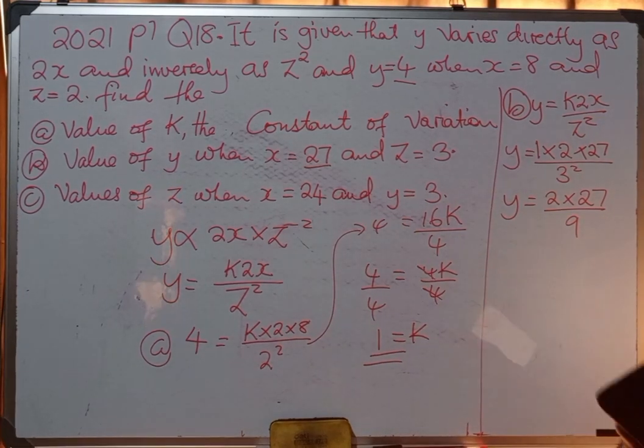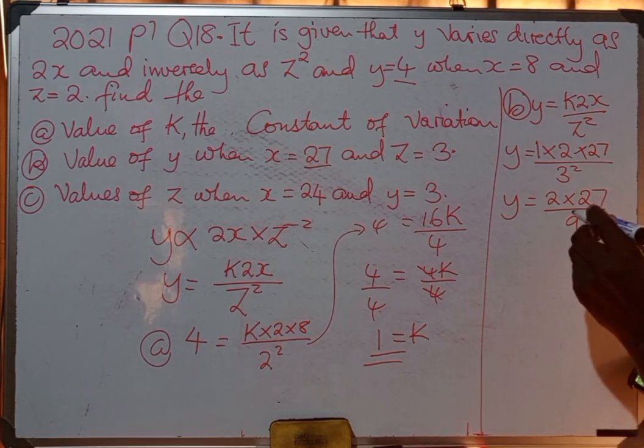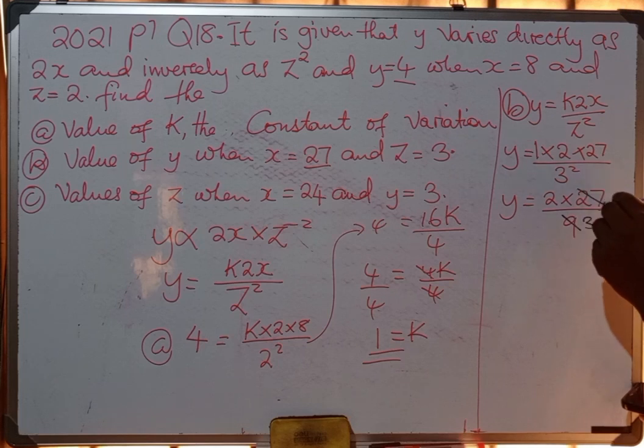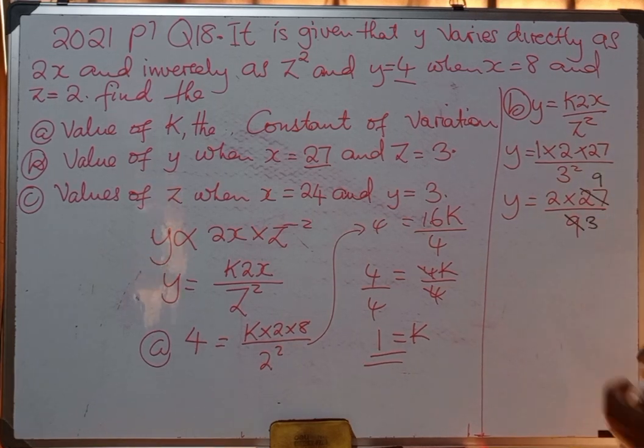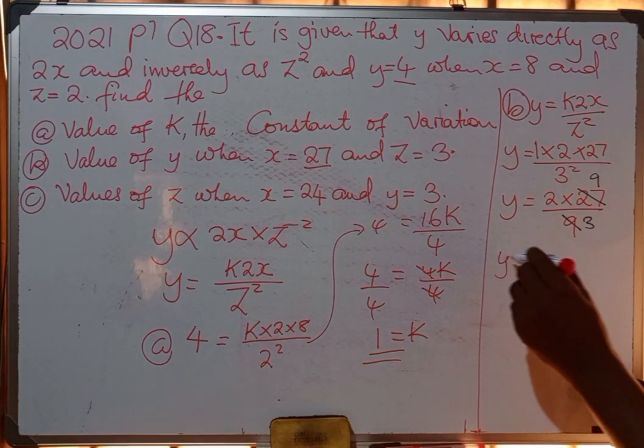Now, 9 and 27 have a common factor, and the common factor is 3. 3 into 9 goes 3, 3 into 27 goes 9 times.